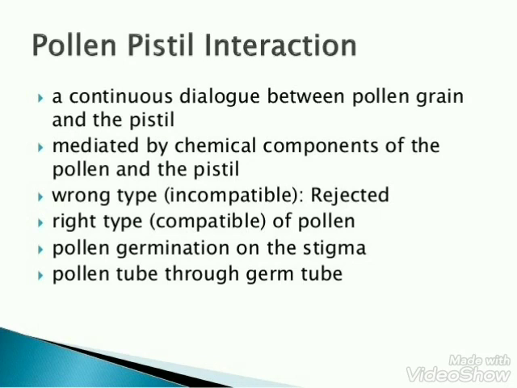Compatible pollens are encouraged by the pistil for growth and development of pollen tubes. The pollen tubes grow through the stigma and style to reach the ovary. It then enters the ovule through the micropylar region and reaches the synergid part of the ovule, guided by the filiform apparatus.